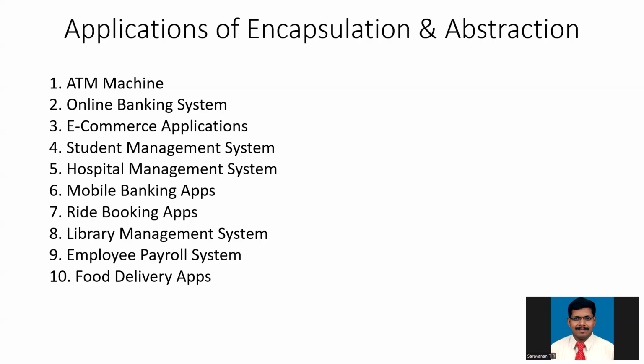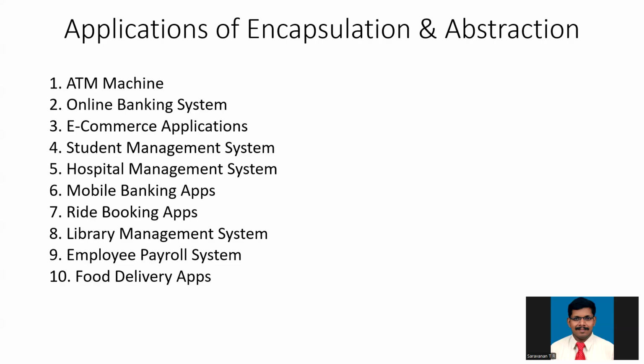Now, when you're going for an interview, what can be the question asked here? Encapsulation: we are going to say what is the need for encapsulation. Encapsulation is a mechanism to protect the data using private variables. And how can abstraction be performed?